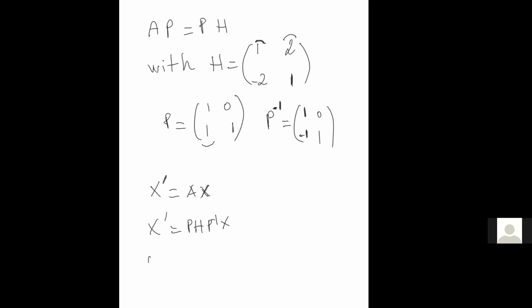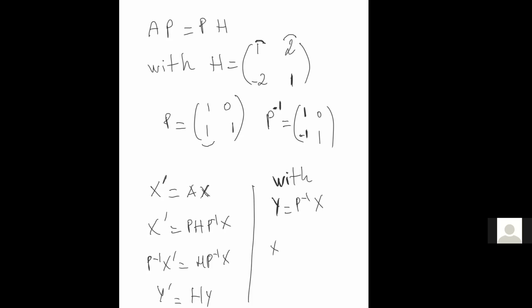And so you get P minus 1 x prime equals H P minus 1 x, which gives y prime equals Hy, with y equals P minus 1 x, which is equivalent to x equals Py.